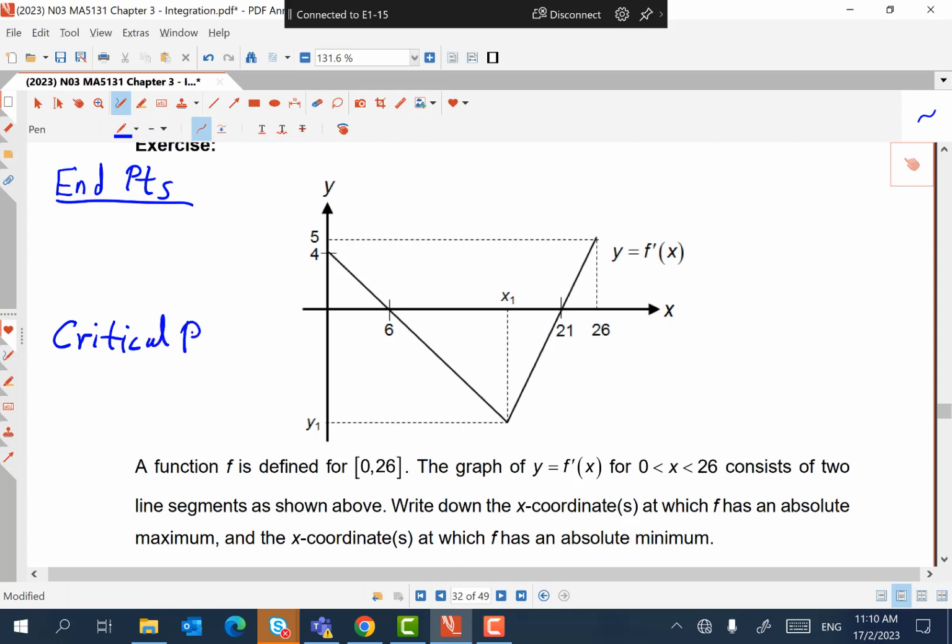The endpoints in this question are going to be f0 and f26.